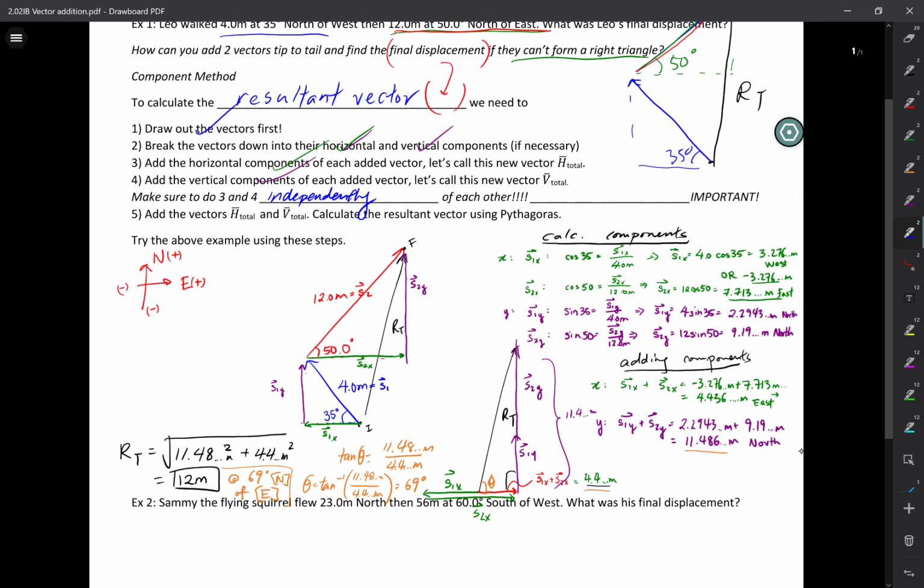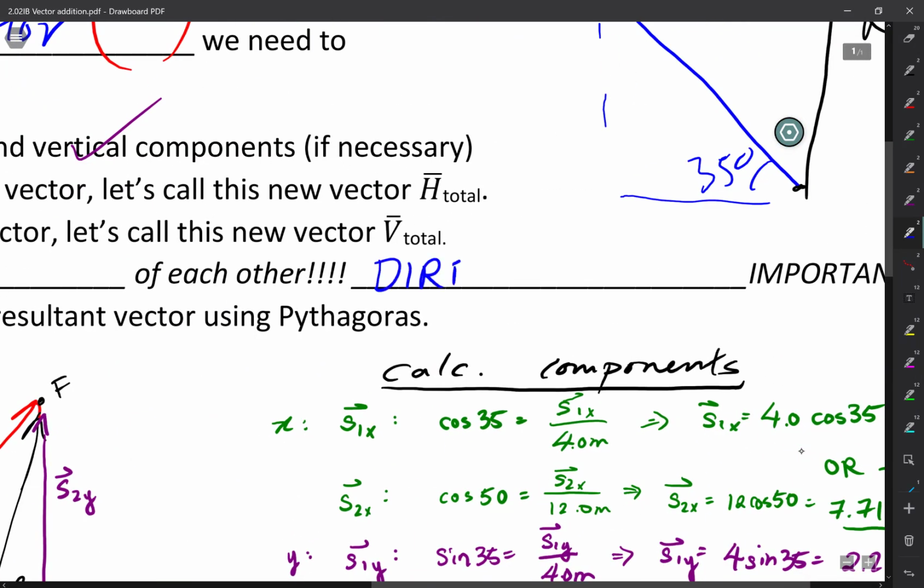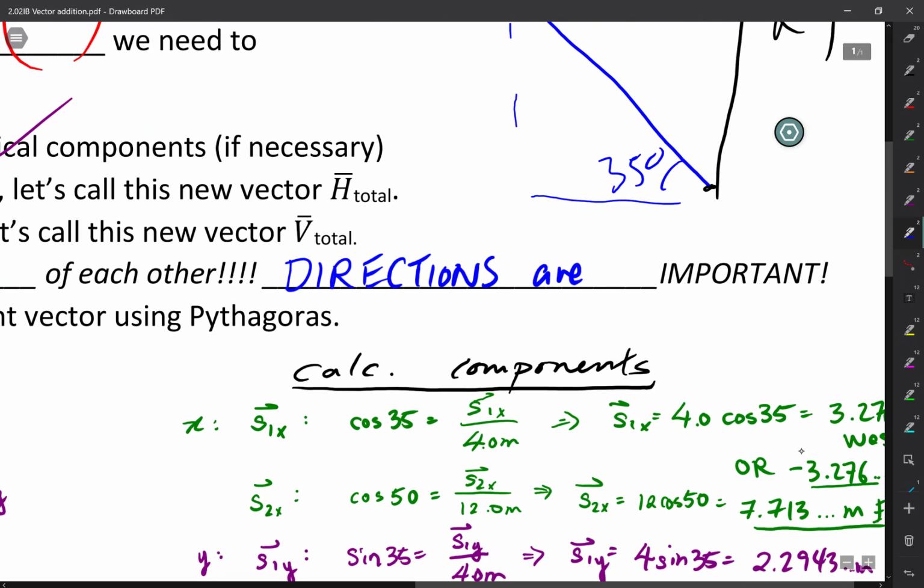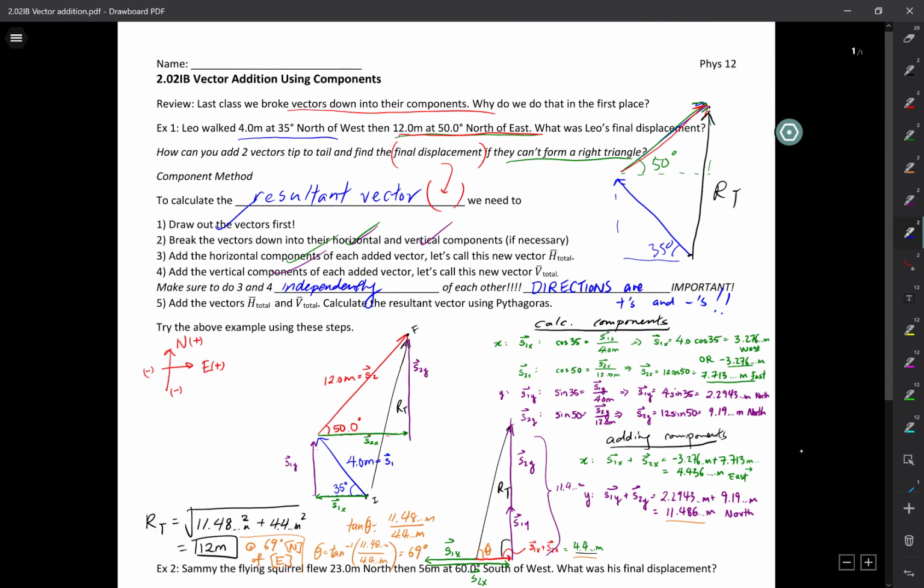The other important thing is when you are adding components together, you have to pay attention to the directions. If you get a negative number for the opposite direction, please remember to include the negative sign. Directions are important. These are your positive signs and negative signs. Please, please, please don't forget them.